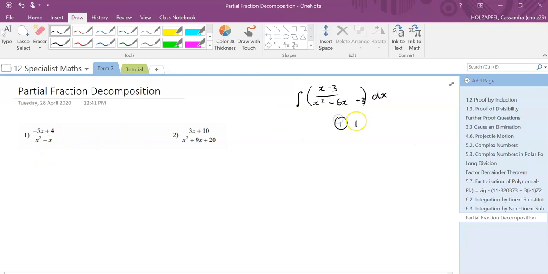Okay, so the first thing that we are going to do is factorize the denominator. So for this first one, x is a common factor of x squared and x. So this is going to become negative 5x plus 4 over x times x minus 1. And so now what I can do is write this as a sum of fractions.